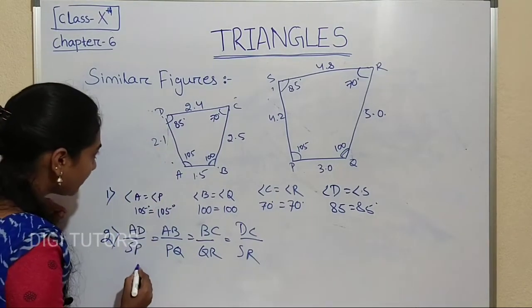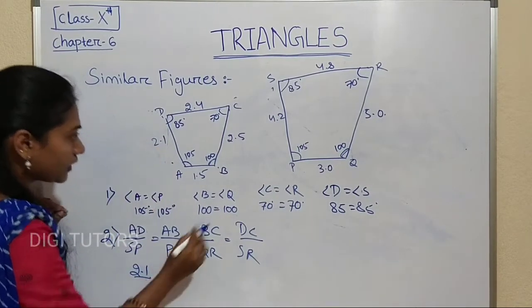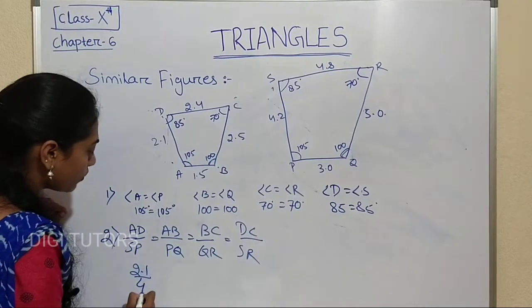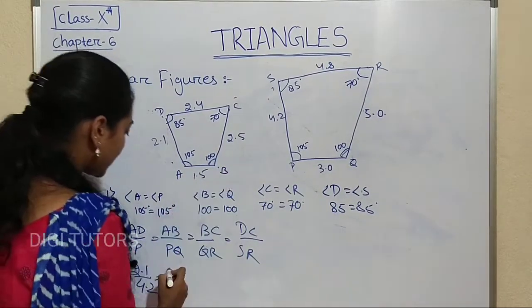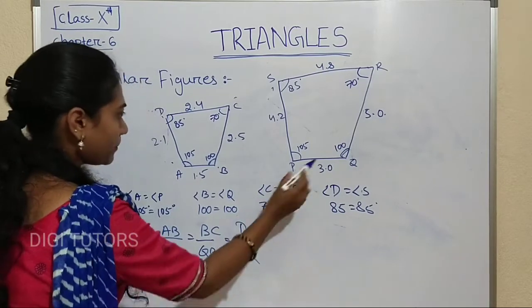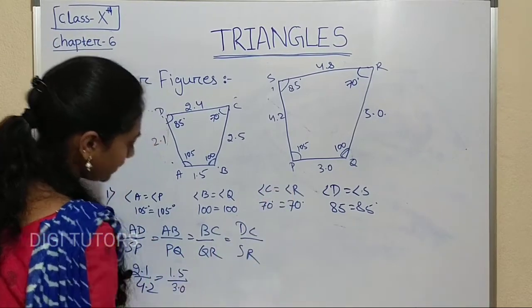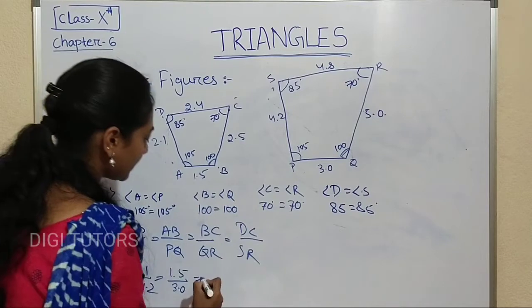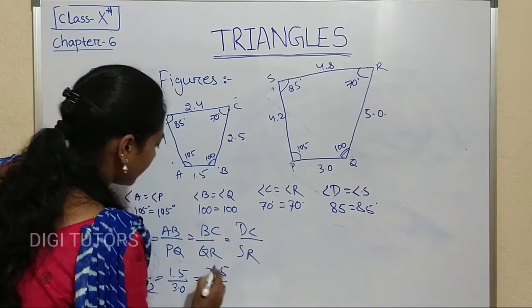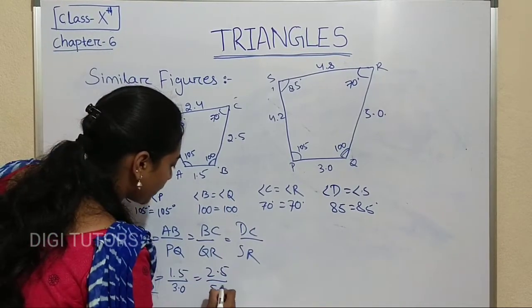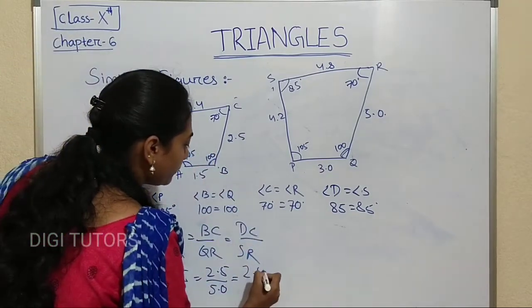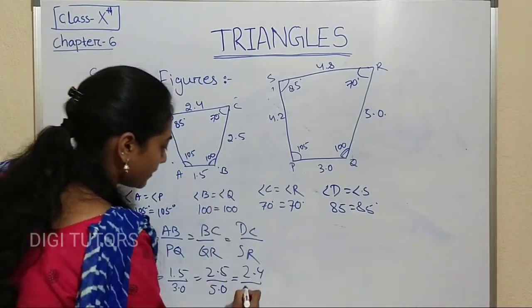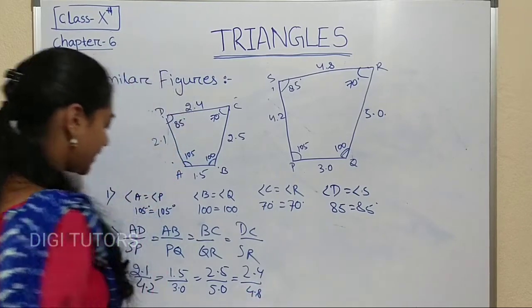AD is 2.1 and SP is 4.2. AB is 1.5 and PQ is 3.0. BC is 2.5 and QR is 5.0. DC is 2.4 and SR is 4.8.